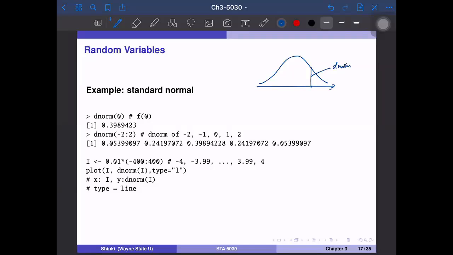So dnorm of 0, by default the mean is equal to 0 and the standard deviation is equal to 1. So centered at 0 and the standard deviation is 1. So 0 is this value, and this value is about 0.399, so about 0.4.